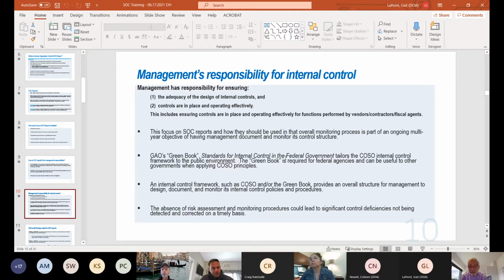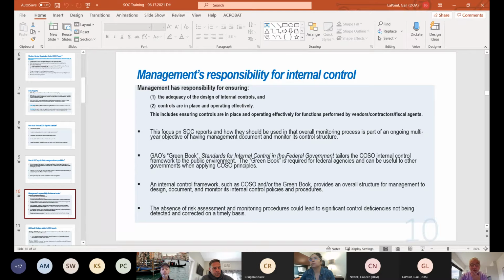On this slide is some of the verbiage that we talk about all the time about management having a responsibility for internal control and documenting its internal control. And this is really why we're putting the emphasis on management being aware of the SOC reports, reviewing them periodically, and responding to anything that's noted in the report.